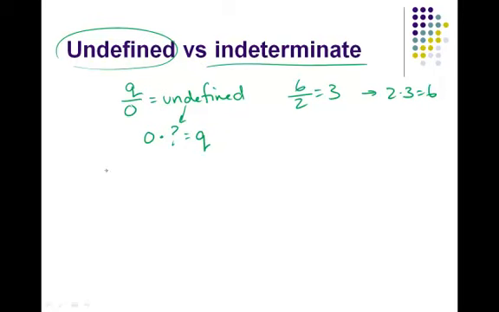Indeterminate means when we have a function that ends up with 0 over 0. Although there is no solution to this because it's division by 0, and again, using our multiplication proof of division, if I take 0 times p and say that it equals 0, using this same pattern with this expression, you can see that anything can be substituted for p.